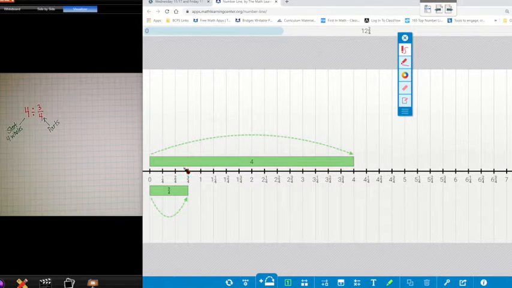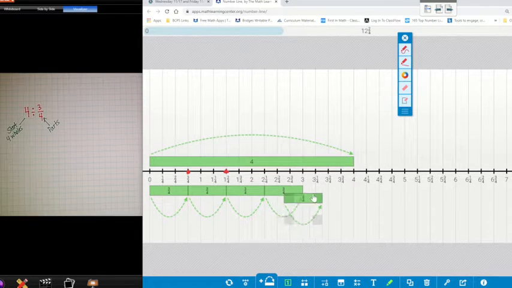So 1, 2, 3, 1, 2, 3. And if this is a little bit hard for you, which I don't recommend just because I feel like it's easy to mess up, you just use the duplicate tool here. You can actually make your 3/4 over and over. I think this is probably the better strategy if you're using this tool because you can physically see what's happening.